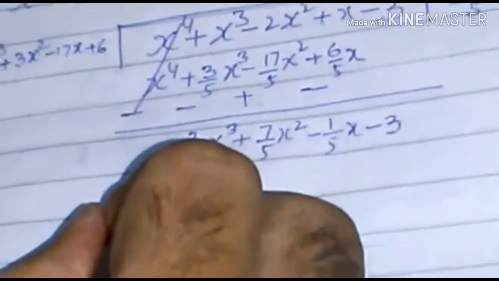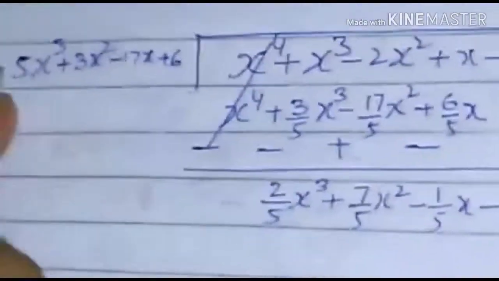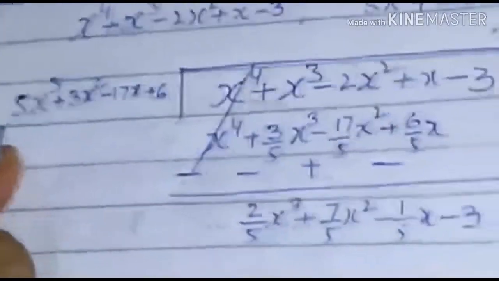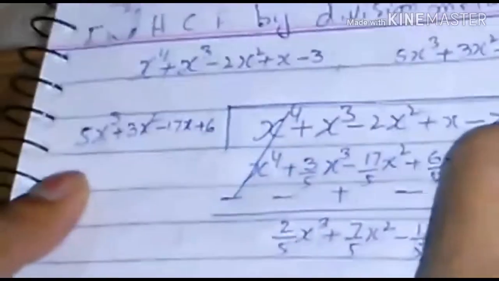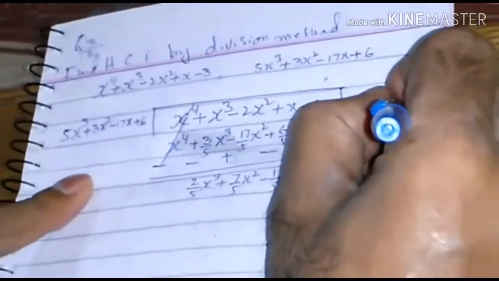Now this is 5 and this is 2 over 5. We need here 2 over 5, so we multiply this with 2 and divide by 25. Plus 2 over 25.